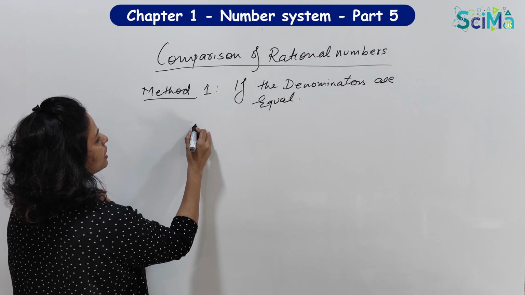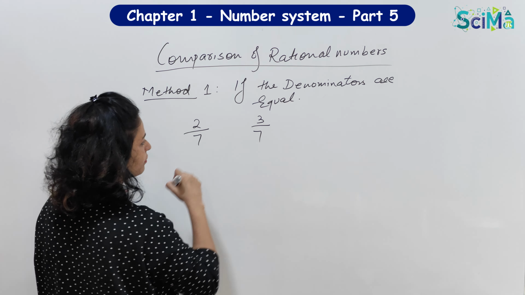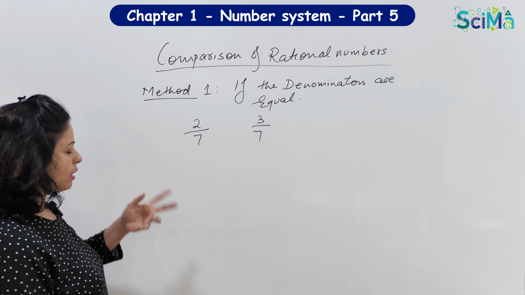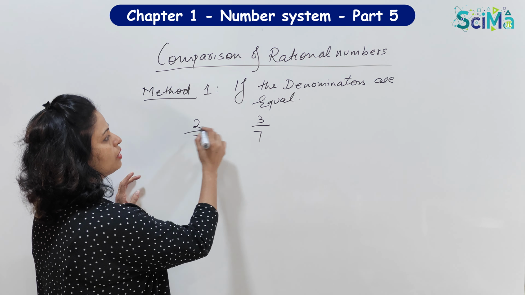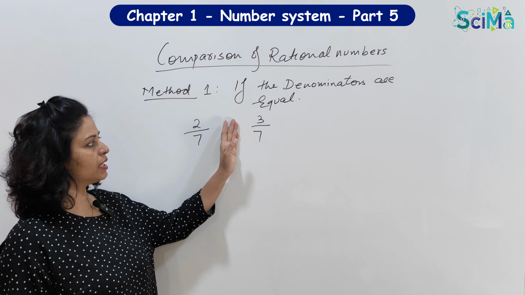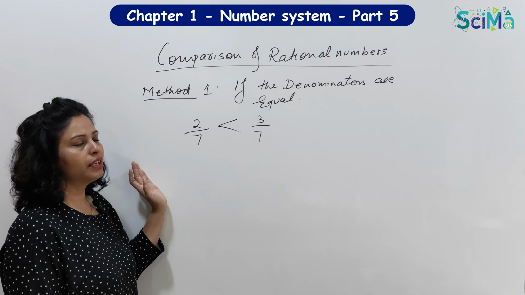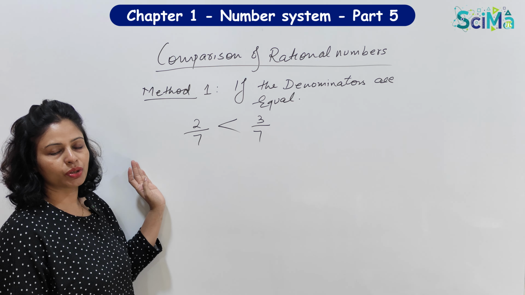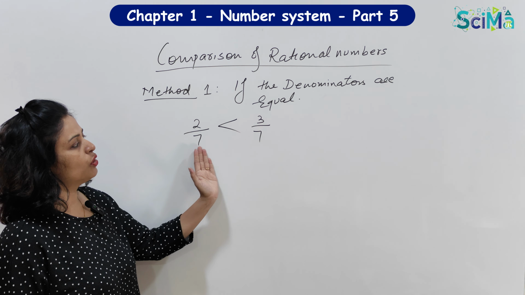Suppose I say 2 by 7 and 3 by 7. Here the denominators are the same, so how do we write which is greater? We just have to see the numerator. Which numerator is greater? 3 is greater, so it's very easy to write the greater rational number. It's very easy to compare rational numbers if the denominator is the same.